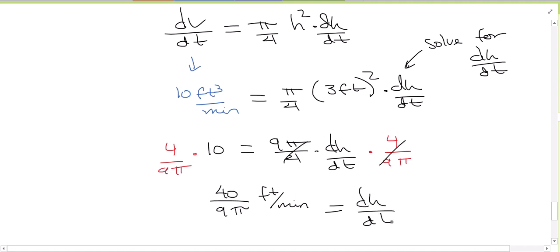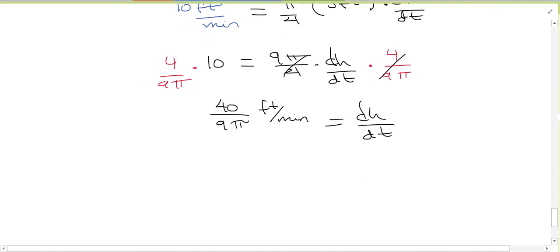So that means that as you're filling up this tank at 10 feet cubed per minute, when the water level is at 3 feet tall, the rate of change of the water level is 40 over 9 pi feet per minute. Which, if you change that to a decimal, is approximately 1.41 feet per minute, rounding to 2 decimal places.